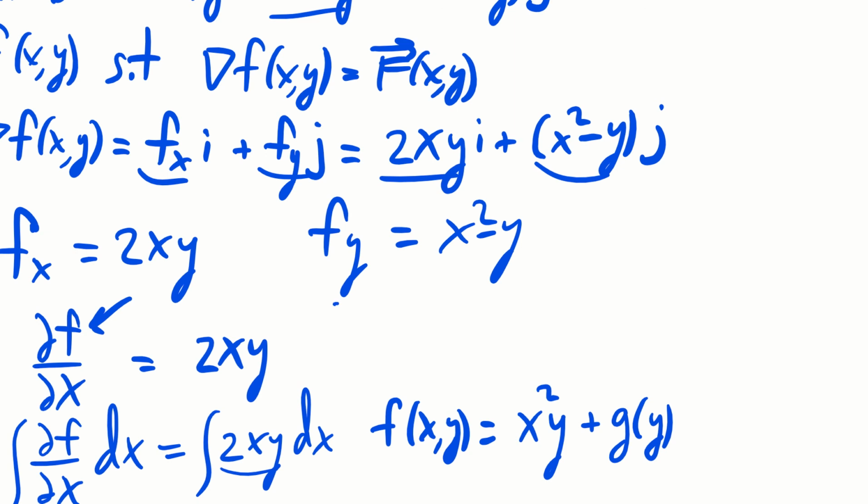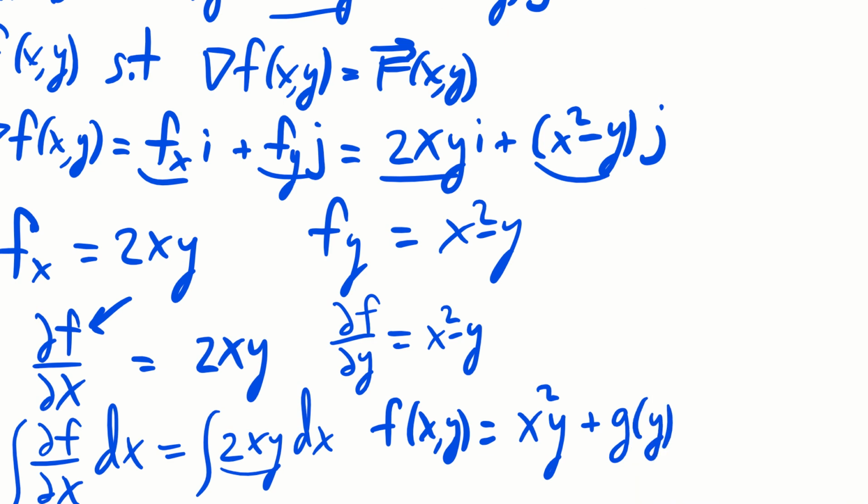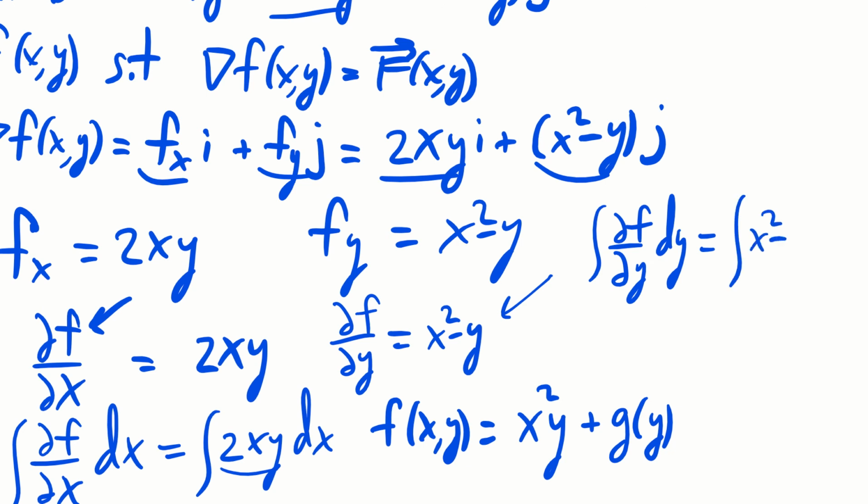Similarly, we want the partial of this function f with respect to y to be equal to x squared minus y. So we're going to go ahead and integrate both sides with respect to y. The antiderivative of partial f, partial y, dy is equal to the antiderivative of x squared minus y dy.